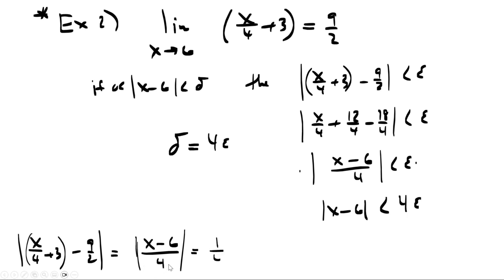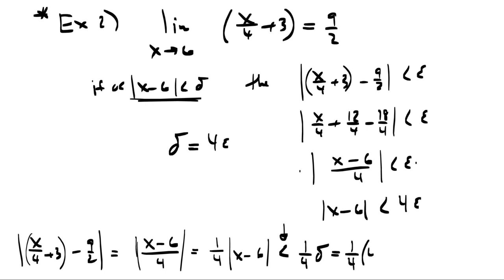This will be equal to 1 over 4 times x minus 6. That 1/4 stays. And we have this condition right here: this is less than 1/4 times delta. That's the condition that has to hold true. And there's my condition: delta is exactly the same thing as 4 epsilon, and the 4's cancel.